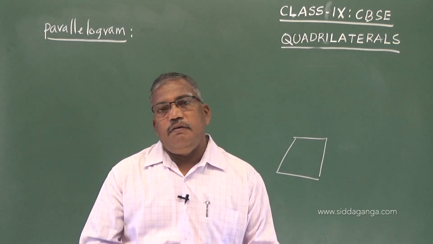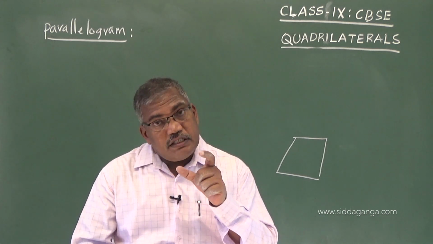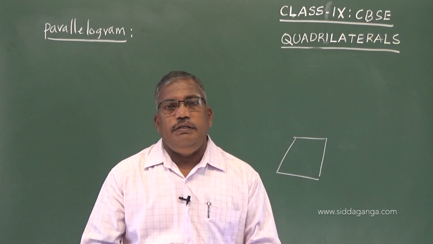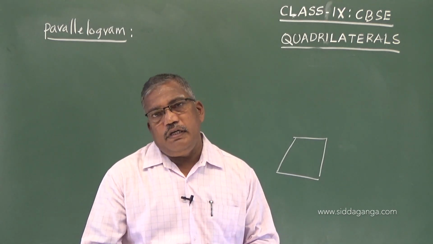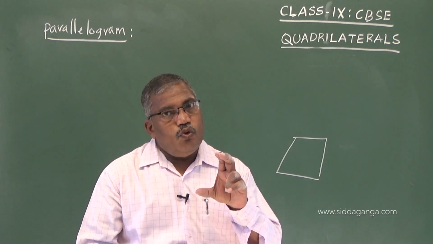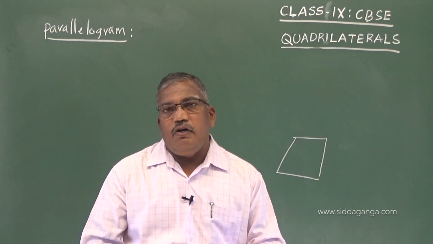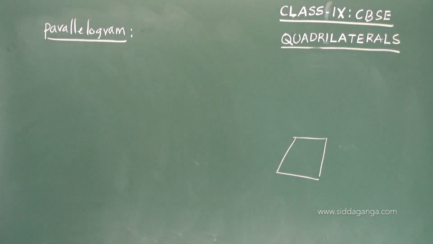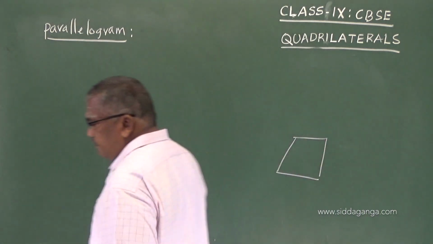The definition of parallelogram says if both the pairs of opposite sides are parallel, this is the basic condition, then the figure, a geometrical figure or a quadrilateral which has both pairs of opposite sides parallel, we call it a parallelogram.